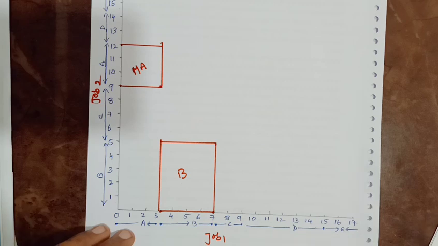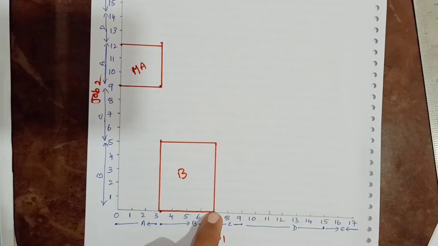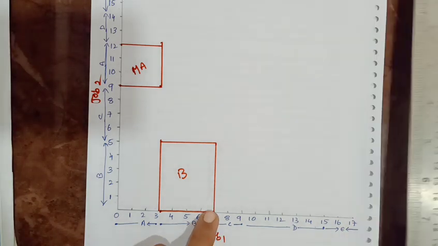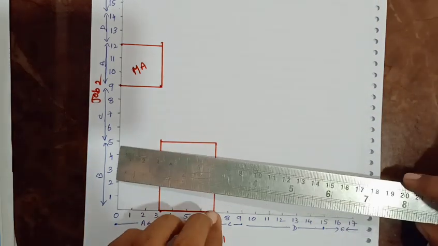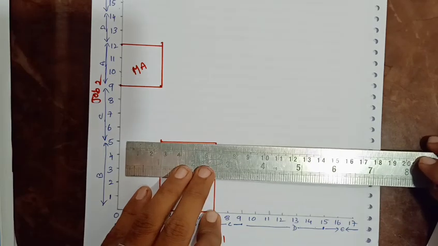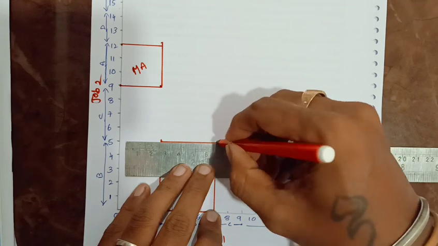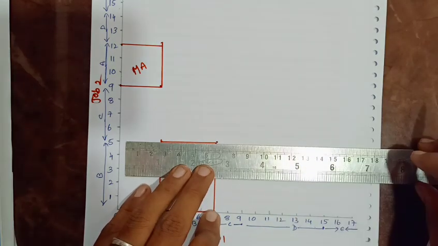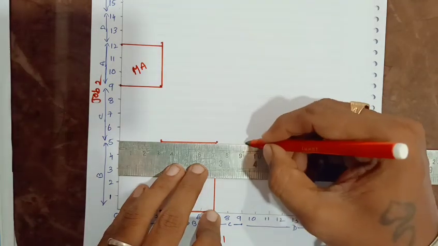Now see, job 1 is taking 2 hours for C, and job 2 is taking 4 hours. So this one is taking 2 hours, from 4: 1, 2.